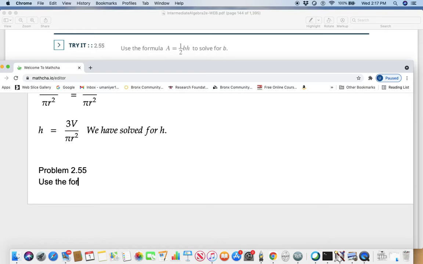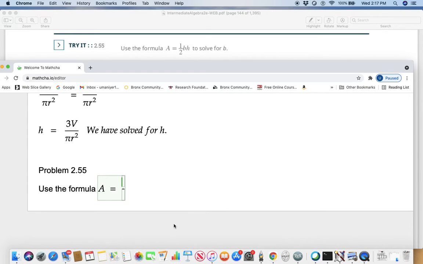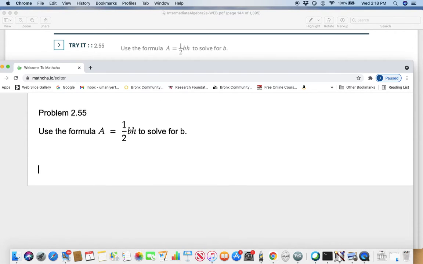Use the formula A equals 1 over 2 BH to solve for B. So B is over here. You want to solve for B. In other words, isolate B.